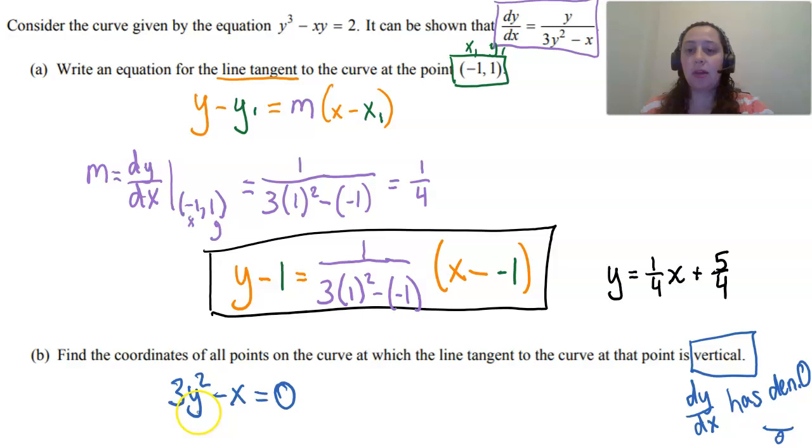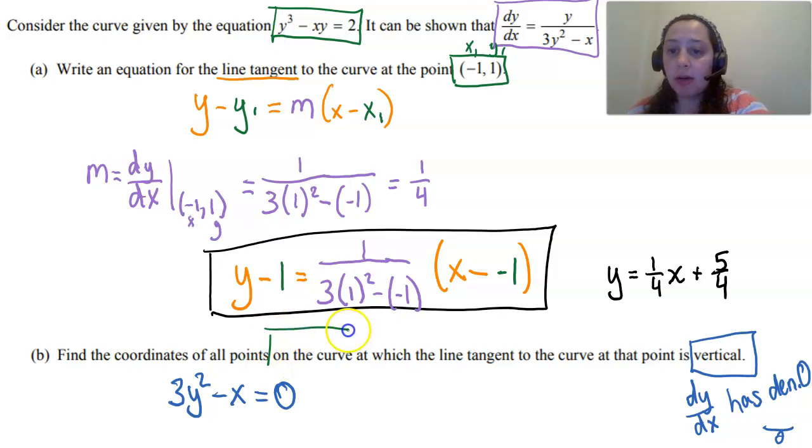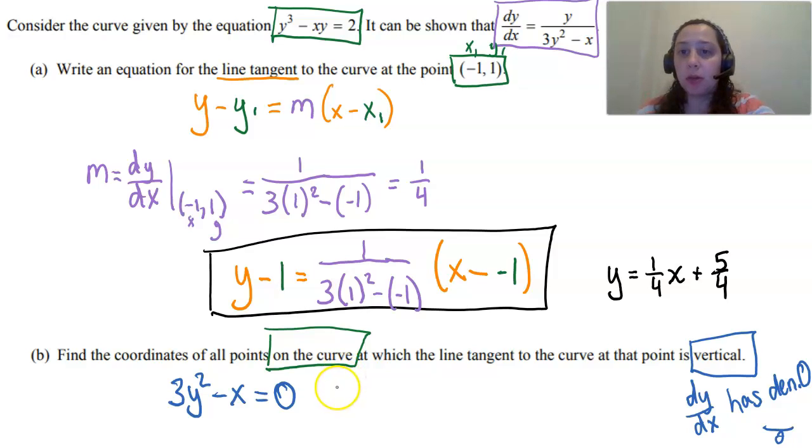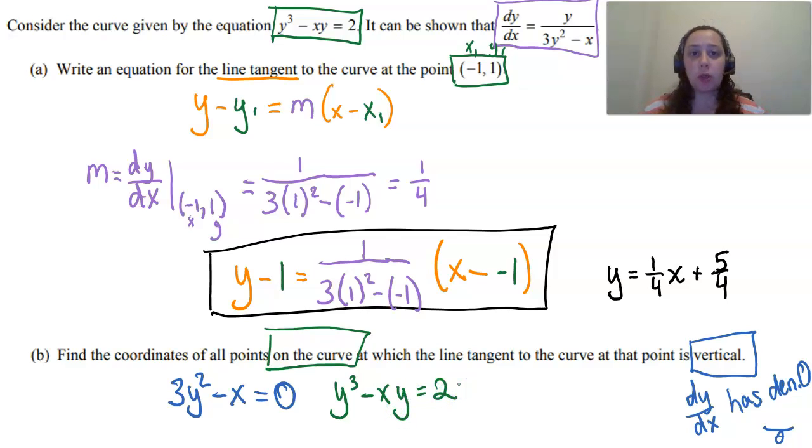You might be thinking, I have two variables. How can I solve this equation? Well, we actually have another equation as well. We also have the original function, and it says on the curve. So if it has to be on the curve, we also need this equation to be true. So we have two equations, two unknowns, we can solve.